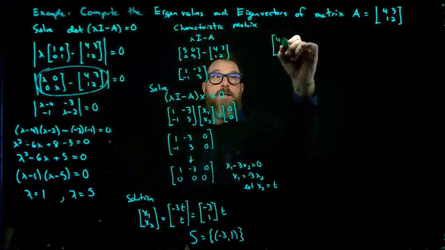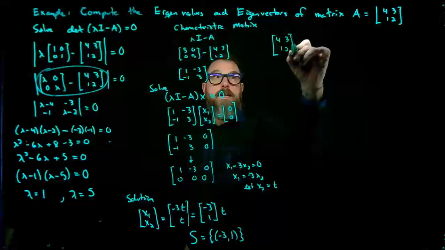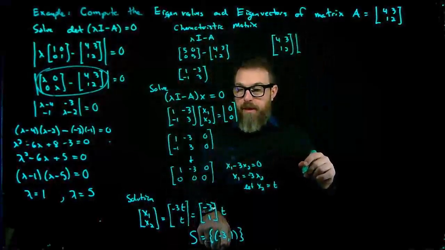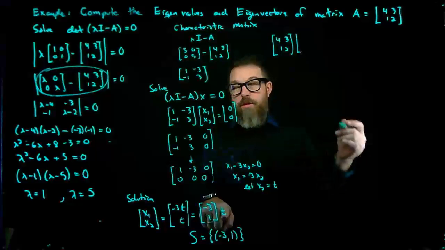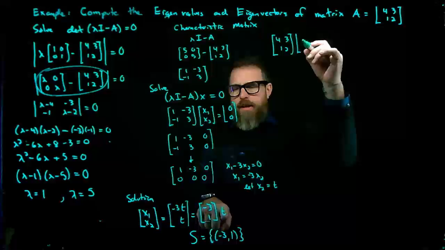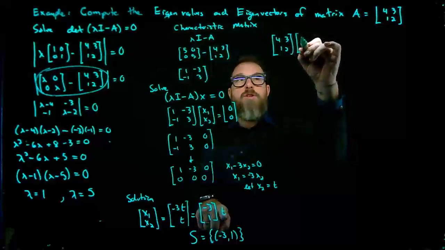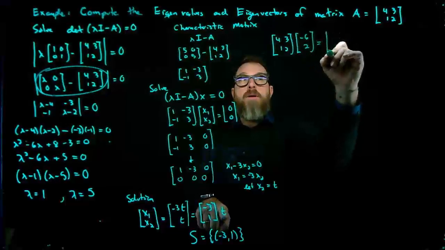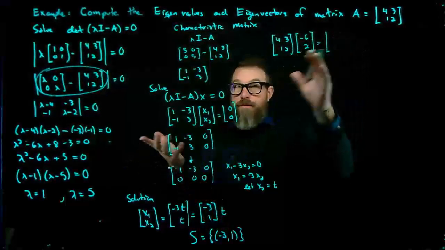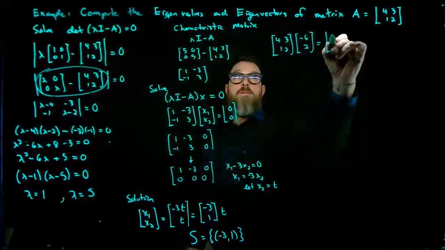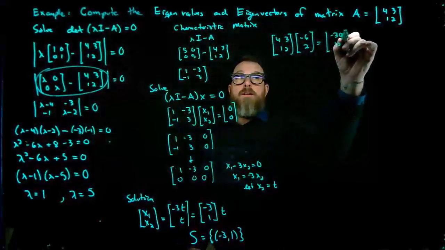But for instance, I was claiming that any vector on this line, and I just picked t equals 2. You can pick t equals negative 2, t equals 50, negative 50. It doesn't really matter. Any t value, but this is just a different one. So let's say when it's 2, I'd get negative 6, 2. If I multiply this out, I guarantee that this is going to be 5 times the original vector. So this is going to be negative 30, 10.